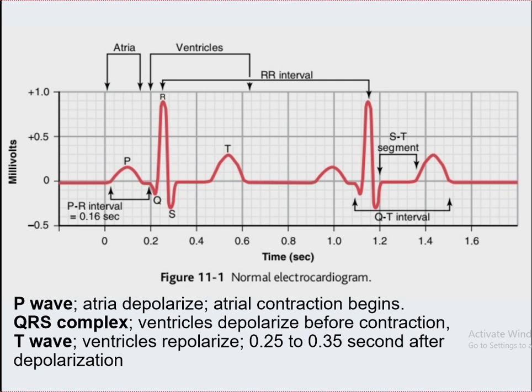So from summary, you know that the P wave is representing atrial depolarization. QRS complex represents ventricular depolarization. T wave represents repolarization of the ventricles.